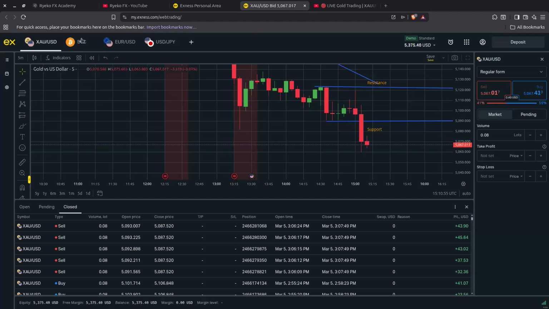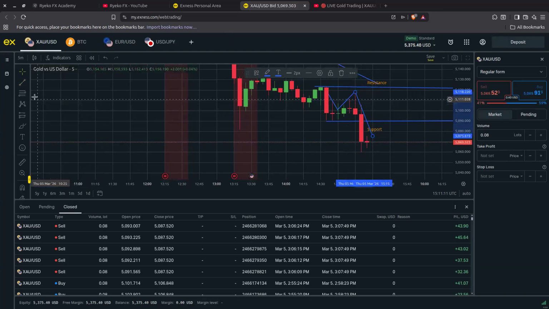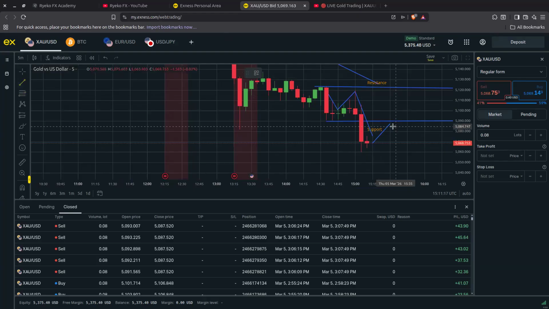Let me draw for you. The trend is this. These are the trend lines I'm showing you. It's going to go up a bit and go all the way down.